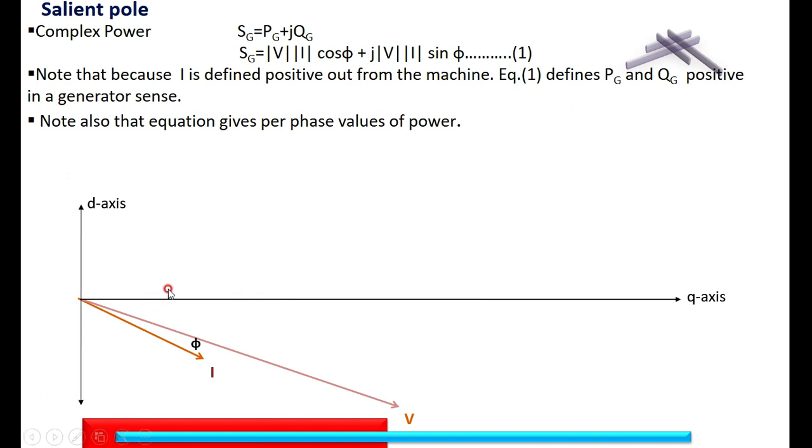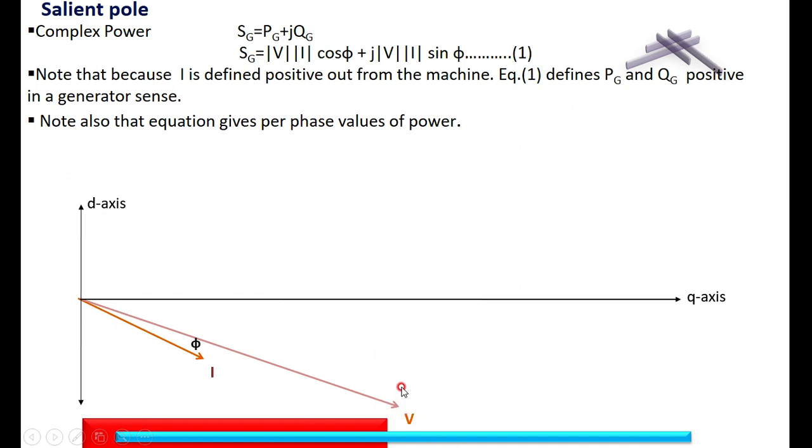But in the two reaction theory, you resolve I into two components, ID and IQ, one along the D axis and the other along the Q axis. Therefore, you also have two reactances, XD and XQ. In this vector diagram, I am neglecting the resistance.